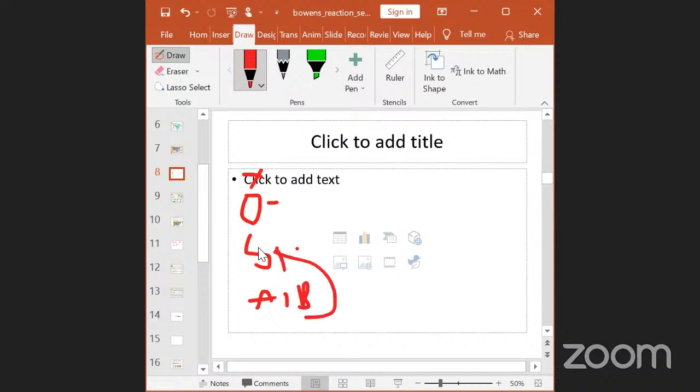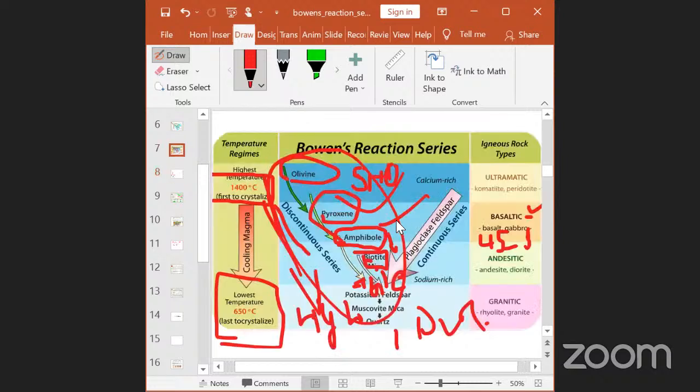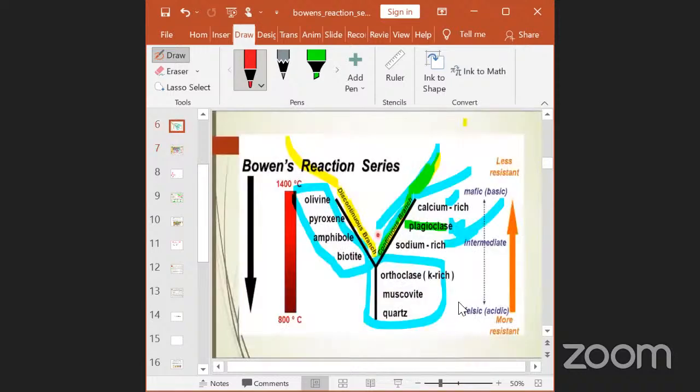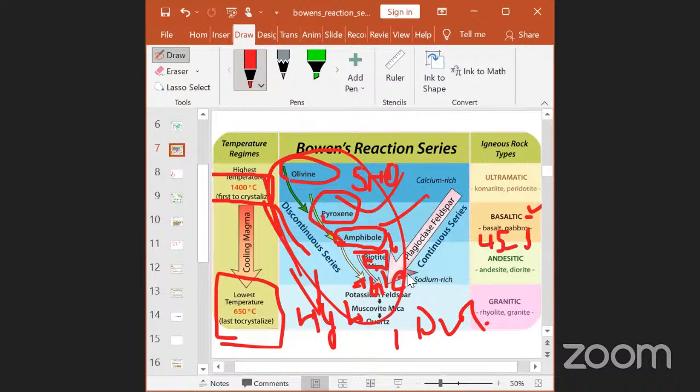It will come down to an andesitic type of magma, where the set of minerals will be amphibole, biotite, intermediate plagioclase and also sodium rich plagioclase.